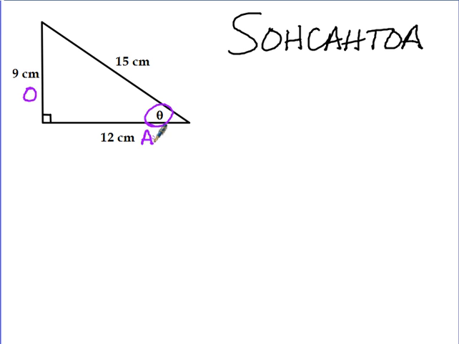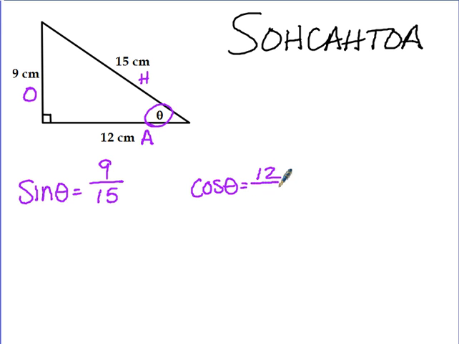If you want to use the sine, that would be opposite over hypotenuse. If you want to use the cosine, that would be adjacent over hypotenuse. And if you want to use the tangent, that would be opposite over adjacent. And after you solve whichever one you want to solve, it doesn't matter, your answer should be 37 degrees.